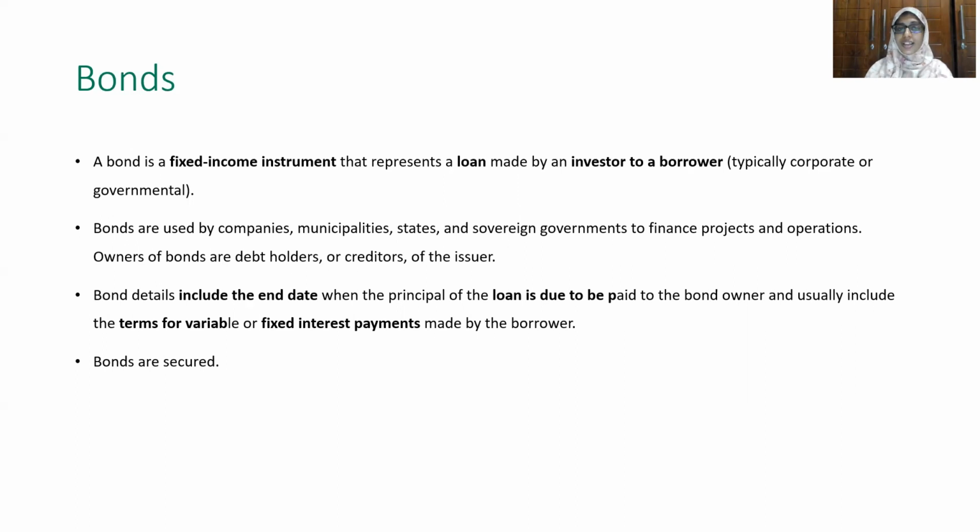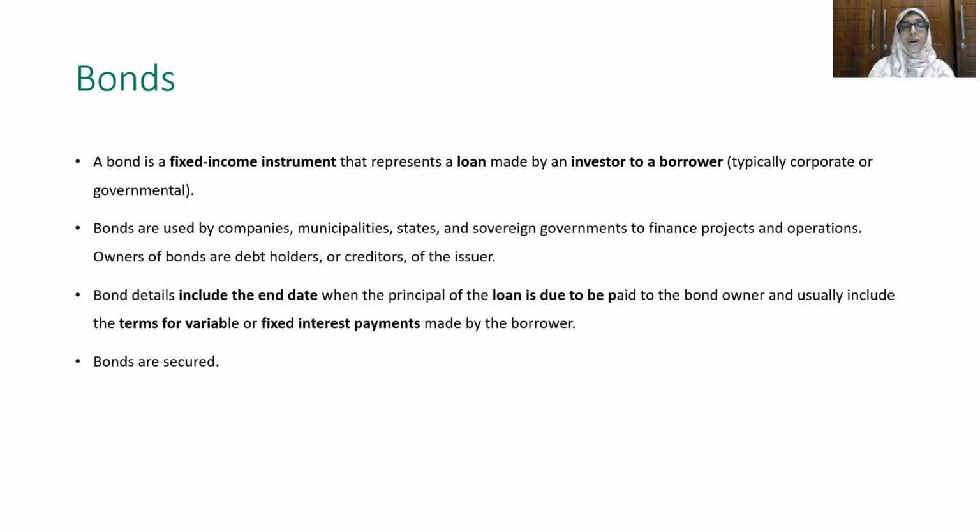Now generally we think that financial instruments are needed only for companies, but when it comes to bonds, we need to understand that even governments have bonds that are used to finance their projects and operations. Sometimes it could be highway projects, it could be solar electricity generation projects, those kinds of projects.